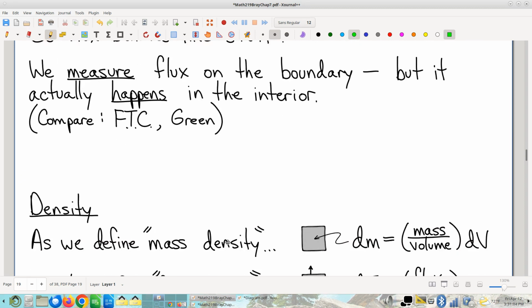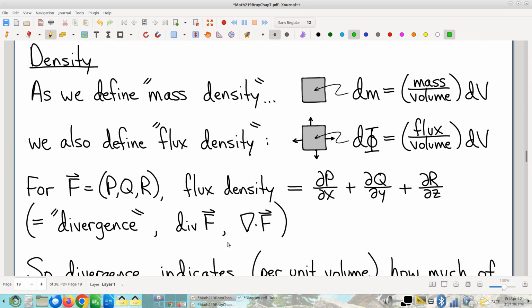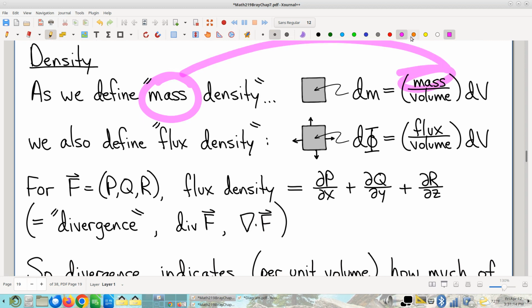Okay, when you have stuff, you can talk about the associated density. So mass, right? If you think about mass per unit volume, well, mass per unit volume is what you multiply by volume to get mass.